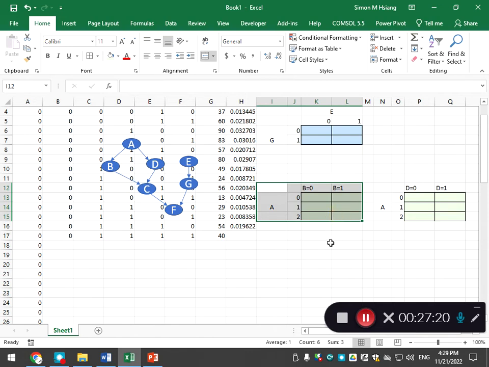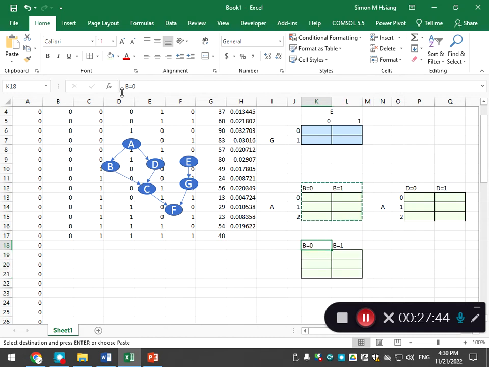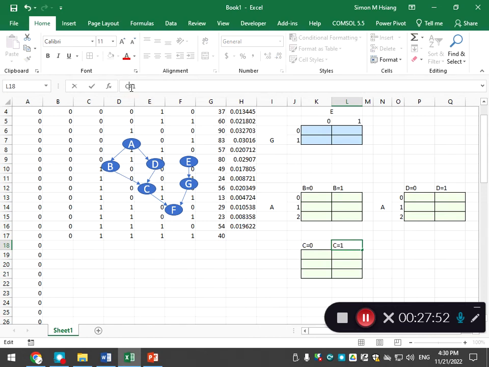Is that now if I have B and D, okay, they will converge into C. So I can build a table. C is 0 and 1. I have a table C is 0 or C is 1. So C is 0 or C is 1 based on not 3 conditions, based on 4 conditions.